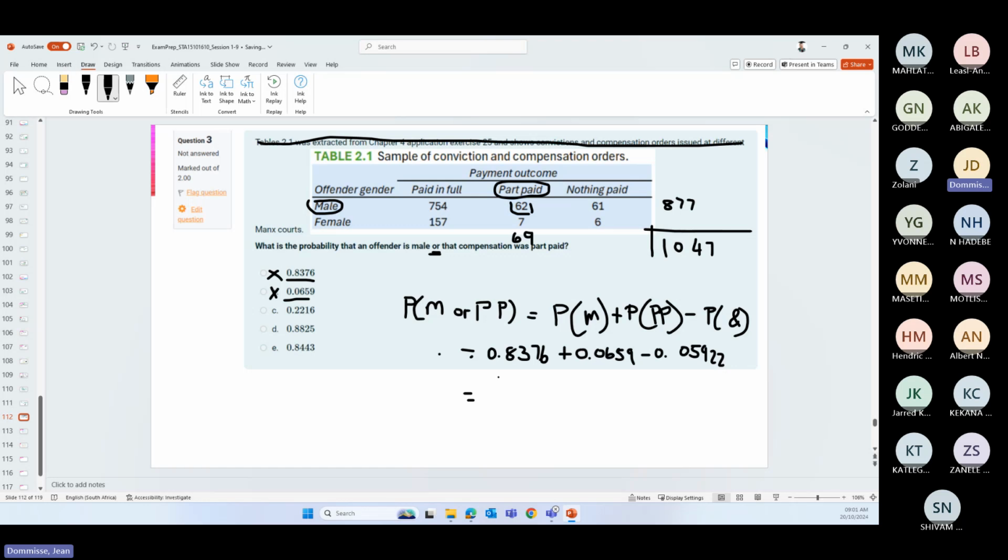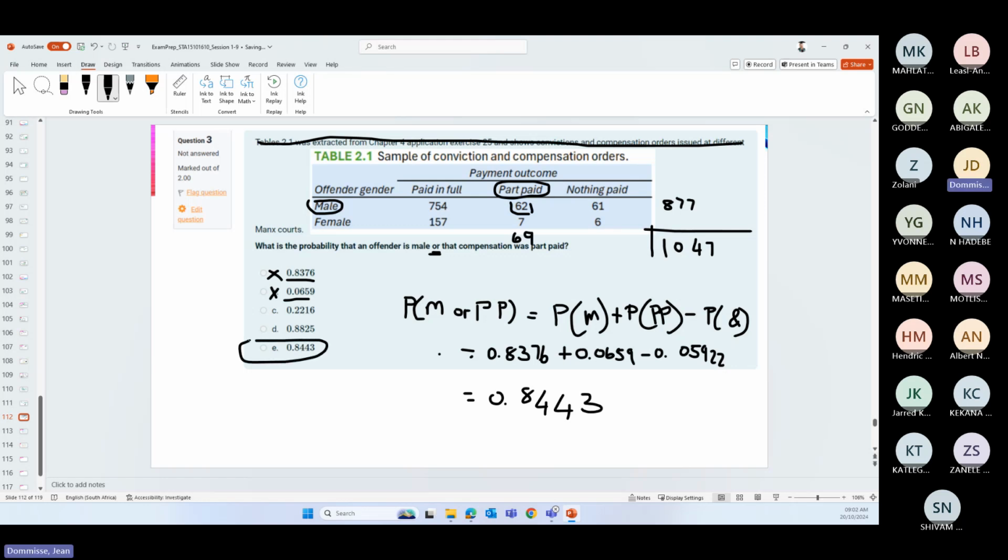So then it is 0.8376 plus 0.0659 minus 0.05922, and we end up with 0.8443.